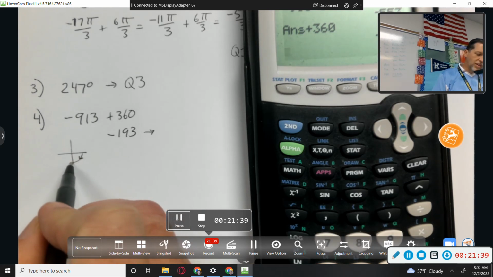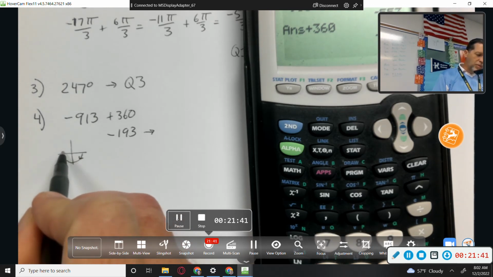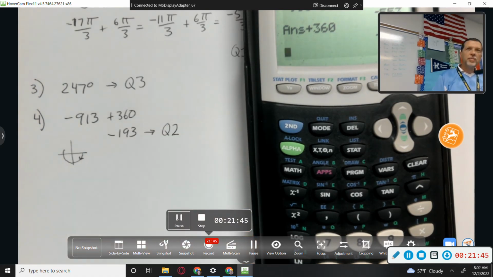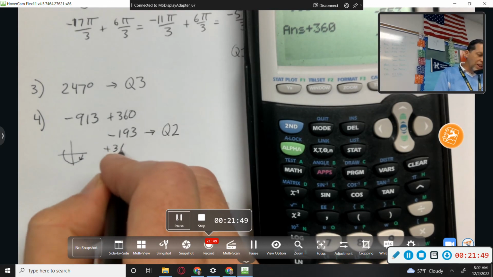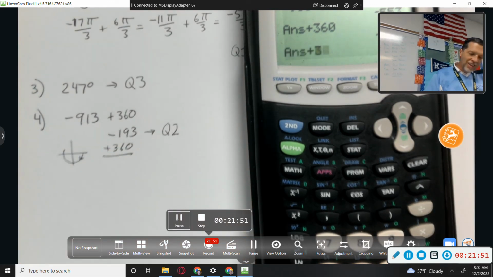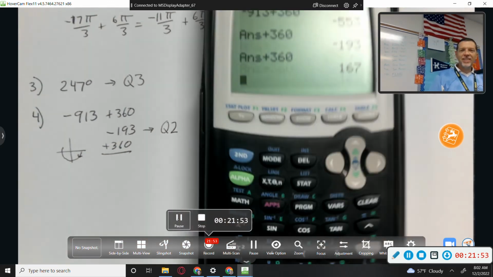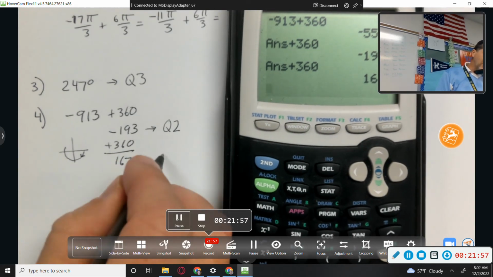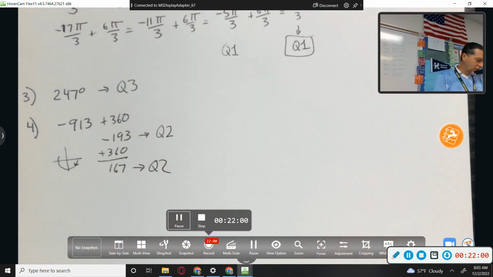You'd have to pass 90, you'd have to pass 180. I think you'd end up in quadrant 2. Again, if you don't like going backwards, which some of you shouldn't yet, add 360 again and get 167. And you're like, okay, 167 is definitely in quadrant 2, so I'm good now.